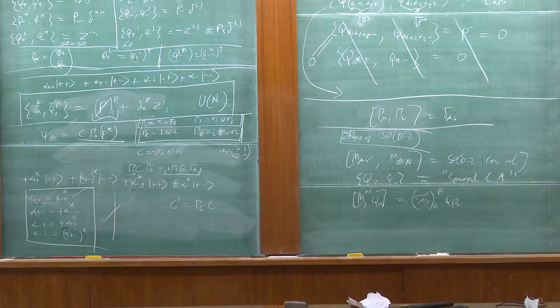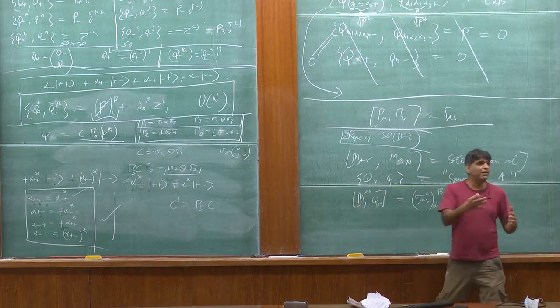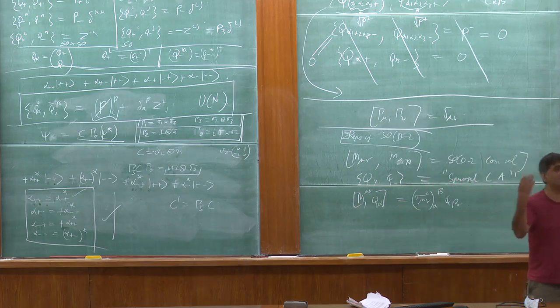The sigma mu nu is built from gamma mu in the usual spinorial representation matrix. So you see that had it been that this part wasn't there, the algebra would have been a direct product of the algebra generated by Q's and the algebra generated by SOD minus 2, and so the representation would have been a direct product. But that part is there, so what are we going to do?